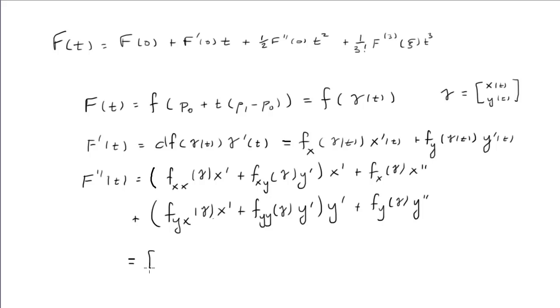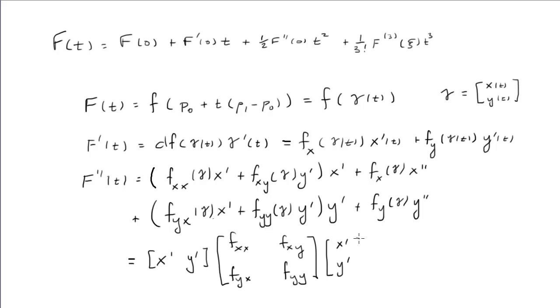Organizing the pieces in a linear algebra friendly way, I have this matrix. I'm looking at the quadratic form associated with this matrix. And then our standard matrix vector product for the derivative.